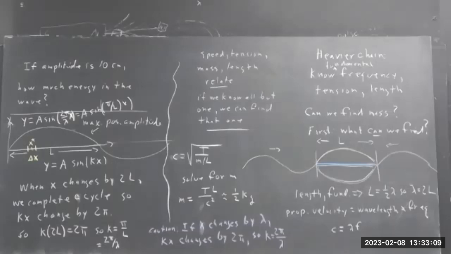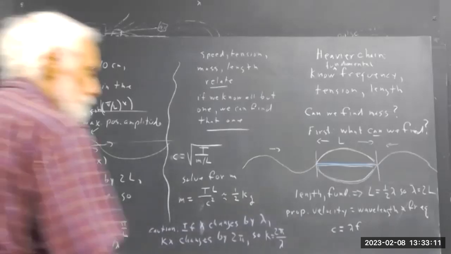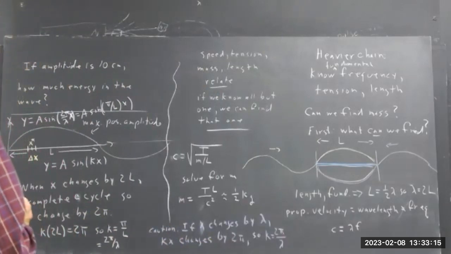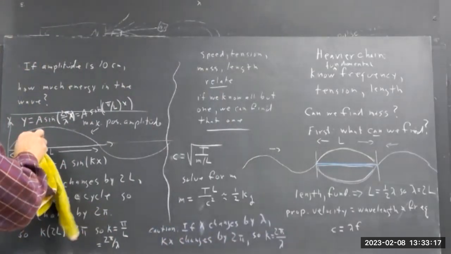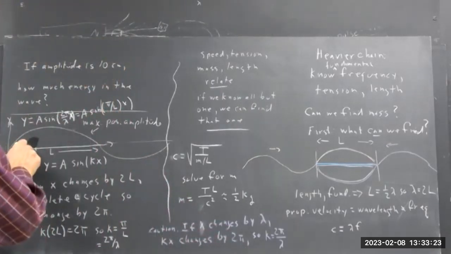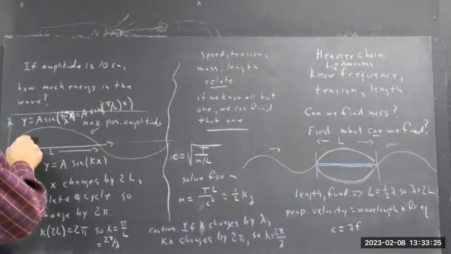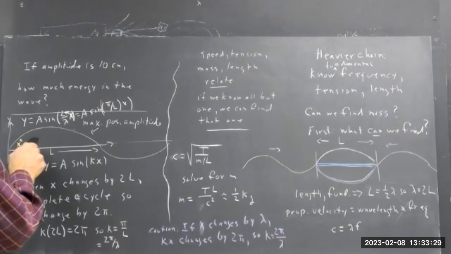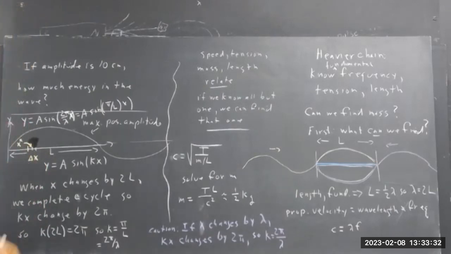I don't like labeling it, so I need to draw a vertical line for that point, but I really didn't leave myself a lot of room. So x star is just any sample point within the delta x interval.